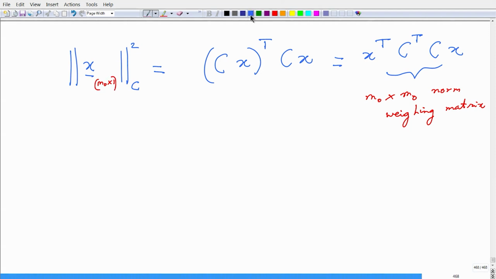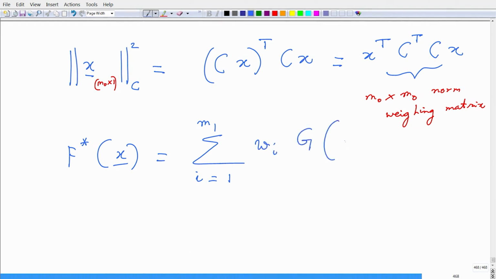Another example. Before we get into another example, I would like to write the approximating function f star of x, which is now summation i equals 1 to m1 w suffix i times g of x minus ti, where this norm is this weighted norm.